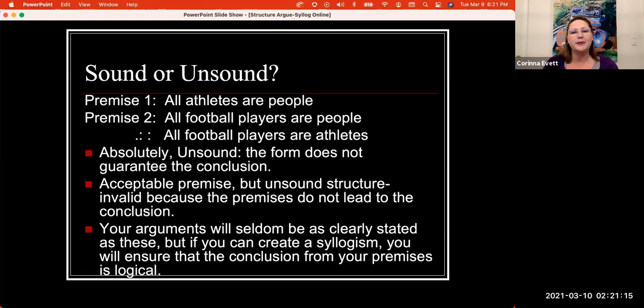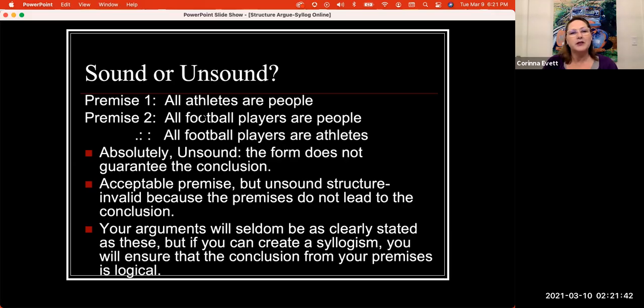All athletes are people, all football players are people, all football players are athletes. Those statements are true, yes, but the form does not guarantee the conclusion. Does this premise lead to this premise, which leads to this conclusion? No, it doesn't. These two premises do not get us to this conclusion.